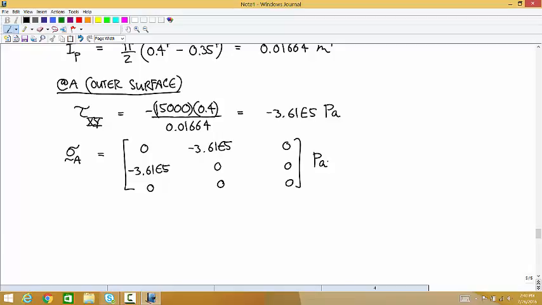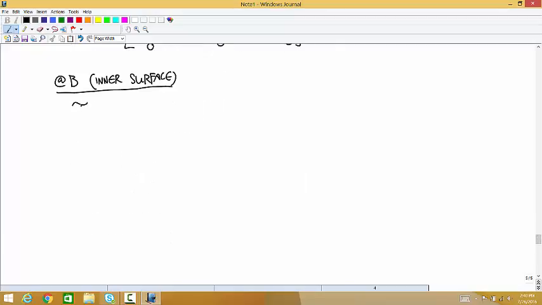Now we'll do the same thing for the inner surface. At B, that's the inner surface, tau xy is equal to negative 15,000 times 0.35 divided by 0.01664, and you get a value of negative 3.16 times 10 to the 5th.